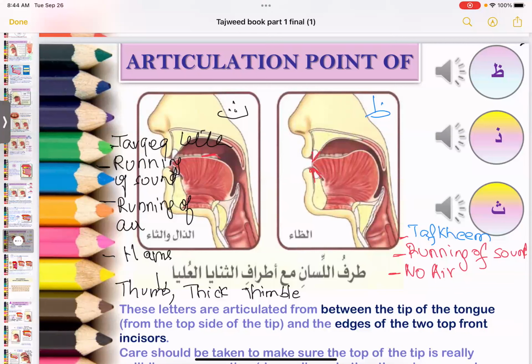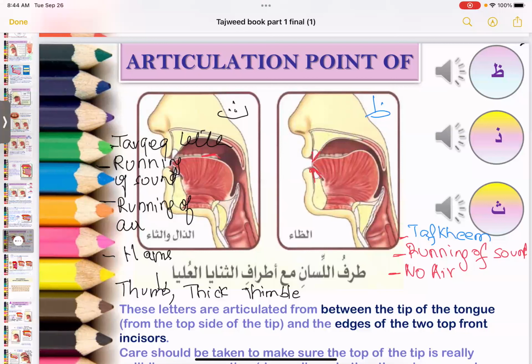So we did 2 sets in the last 2 weeks, and today's lesson is going to be on the next set of 3 letters. The next set of 3 letters are the letters Tha, Dal, and Ta.